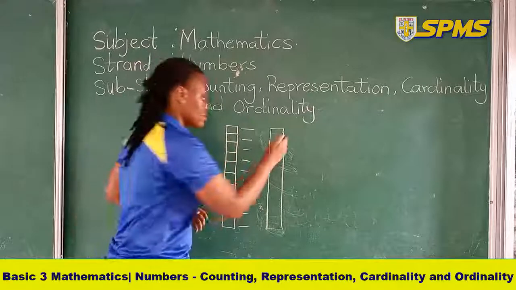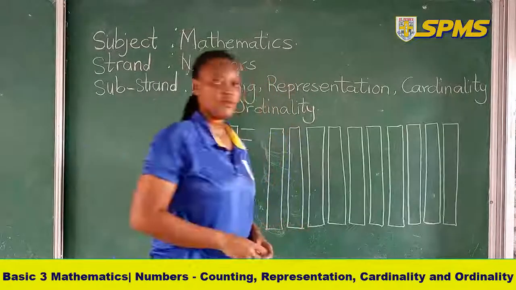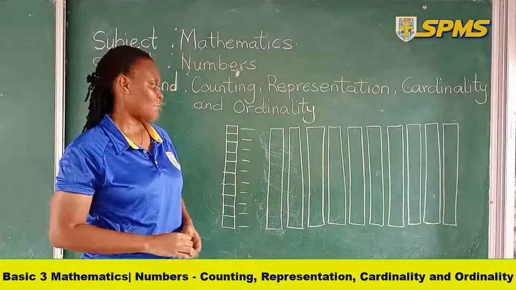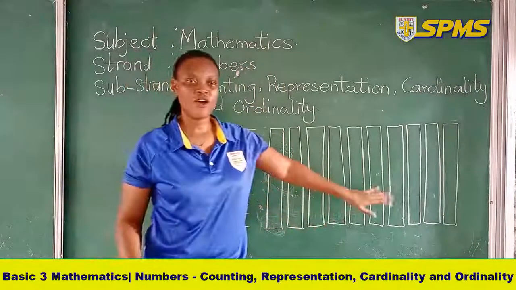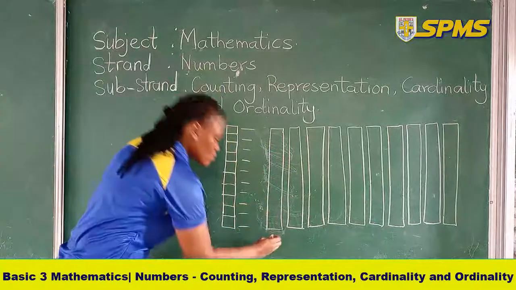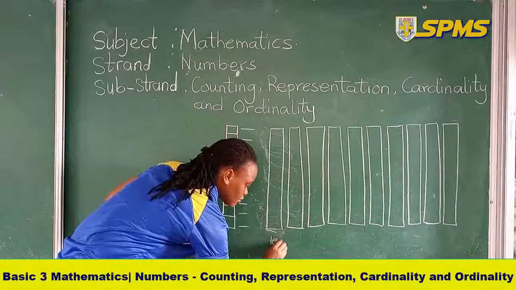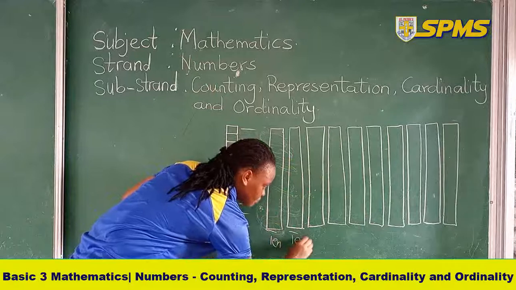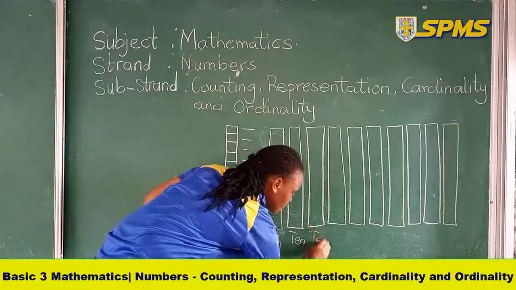Let us look at it. Very good. So we have 10 of the 10s. Is that okay? So this is 110. Another 10. This is another 10.